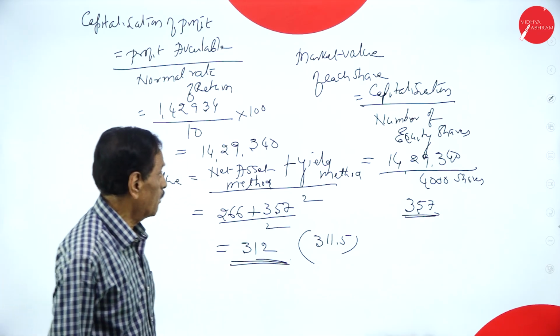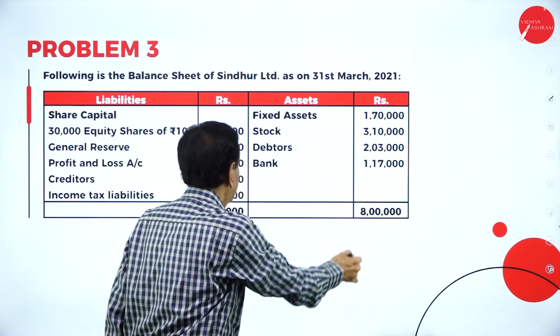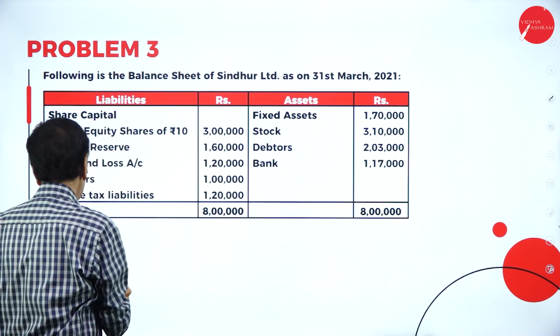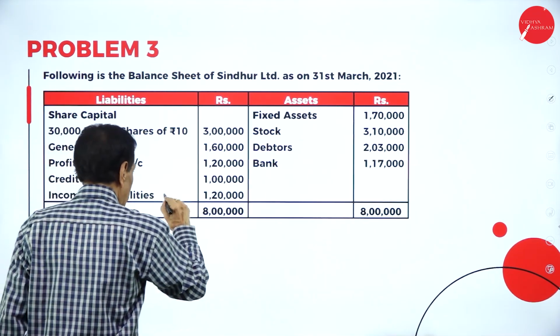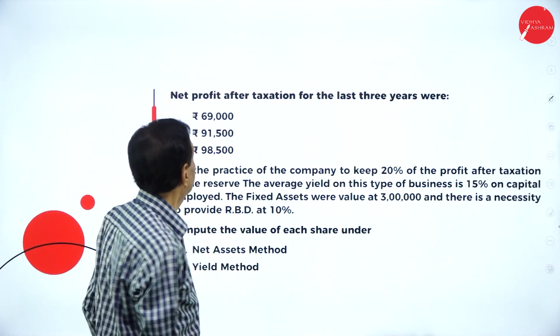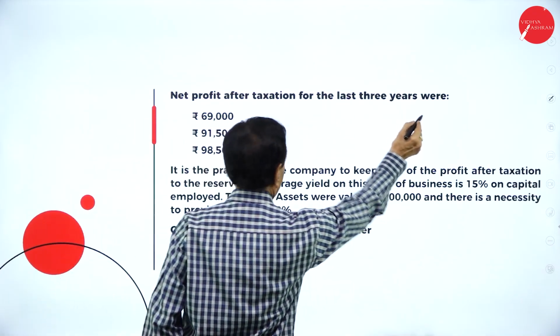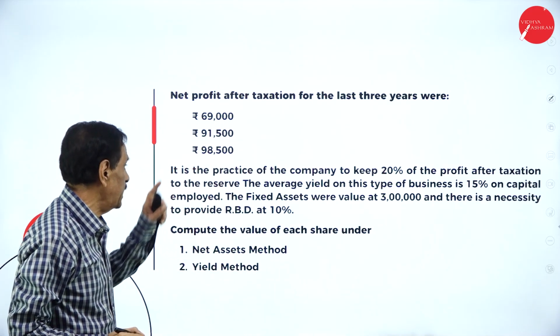We'll move on to the next problem now. Problem number 3. So this is a book value, this is a liability. Which are the liabilities? Creditor is a liability, provision for taxation is a liability. Net profit after tax for the last 3 years: 69,000, 91,500, 98,500.